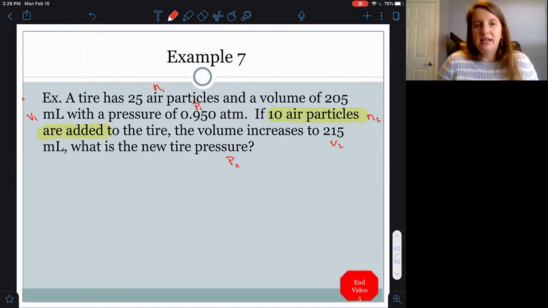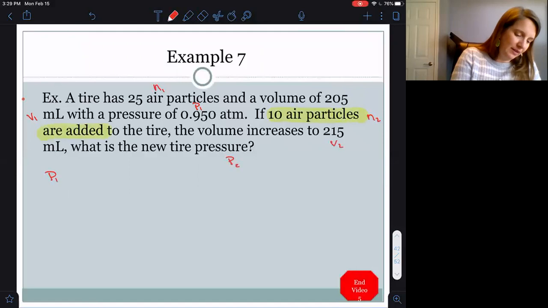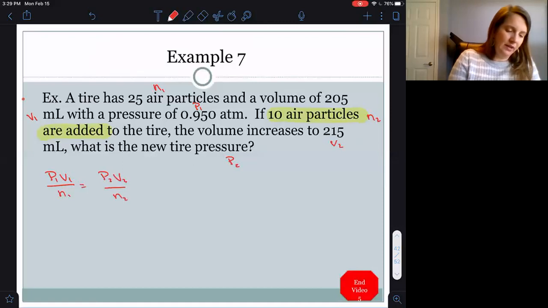So here in this case, the temperature has remained constant. We don't have to worry about the temperature piece. So again, we're only going to pick out the pieces of the combined gas law that apply to the question at hand. So we have P1 V1 over N1 equals P2 V2 over N2.